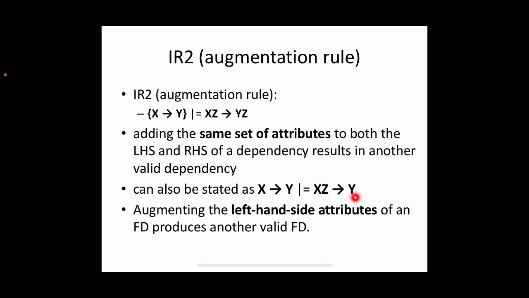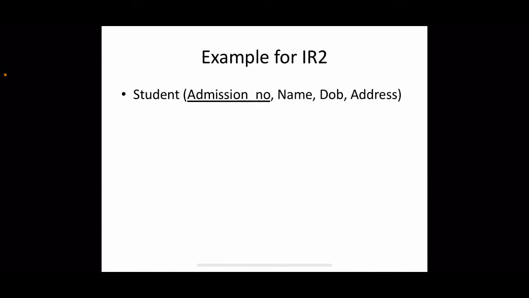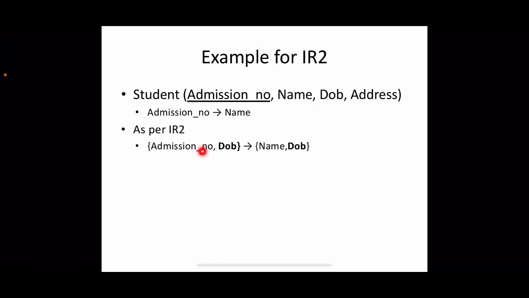Now we can see an example for this IR2. Taking the same example student relation, we have the admission number, name, date of birth and address. So we have a dependency admission number determines name. Let us augment something, say date of birth. We are augmenting date of birth to both LHS and RHS. We will get a new dependency: admission number and date of birth together functionally determines name and date of birth.